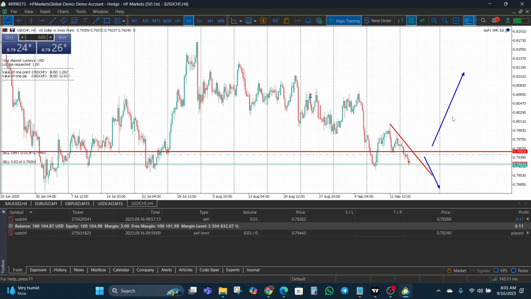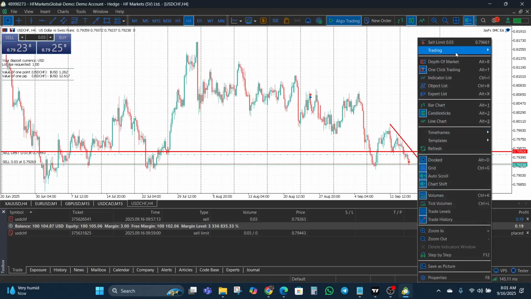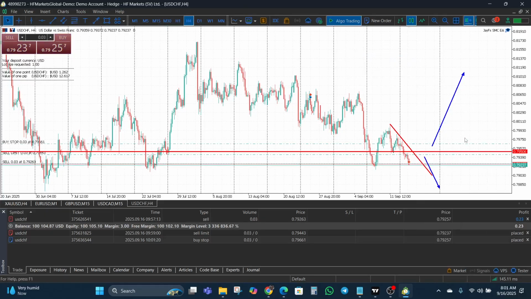So let's say I've thought about that and I decided, okay, I am going to set a buy stop above this resistance and as well above this bearish trend line, so that in case price decides to reverse its course, I'm not going to miss out, right?